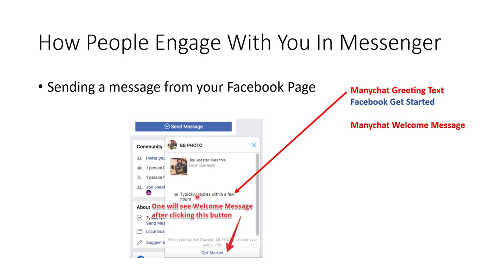It determines how often you reply. But your Manychat greeting text is going to go there right underneath that. So that's your text, and that's where you would welcome them to chatting on Facebook Messenger. Then comes the Get Started button, and that's right here.